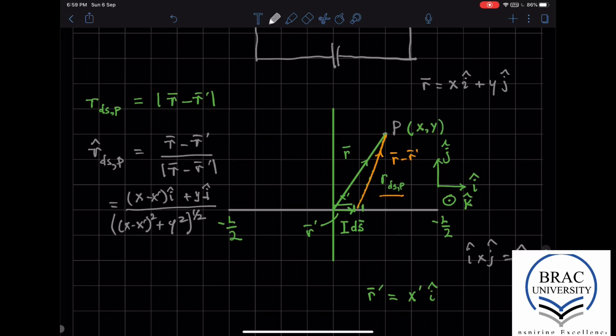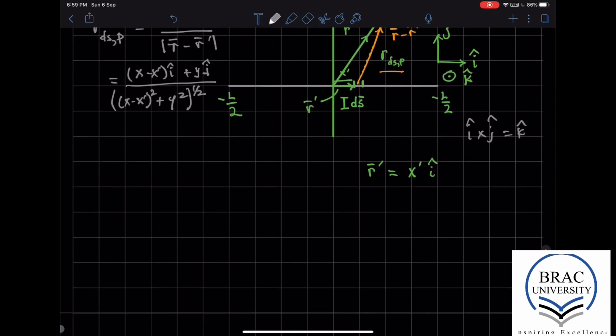Now we can plug all of this into the Biot-Savart law and figure out what the magnetic field is going to be. The magnetic field at the point P, whose coordinates are x and y, is going to be mu naught by 4 pi, the constant part, and there's an integral.